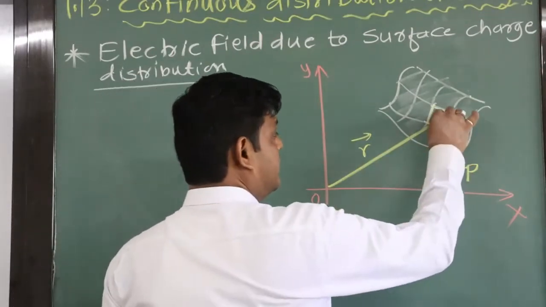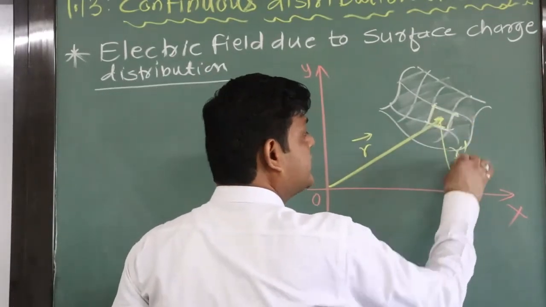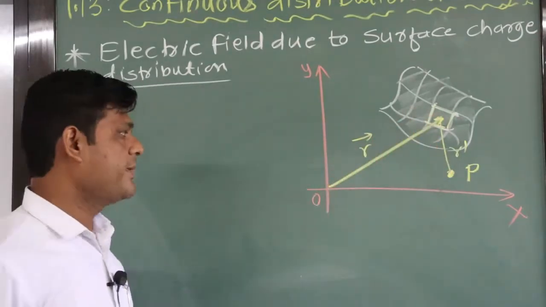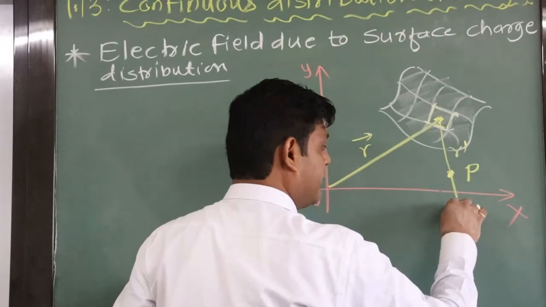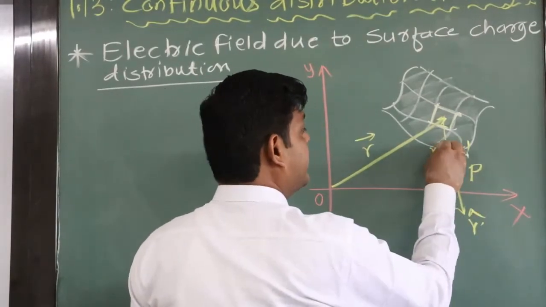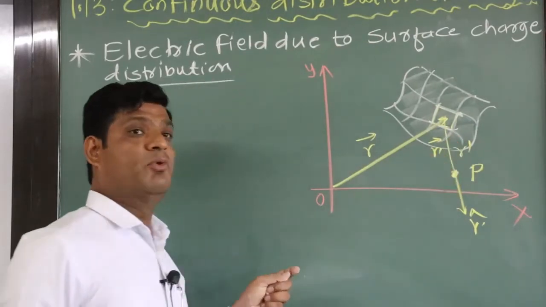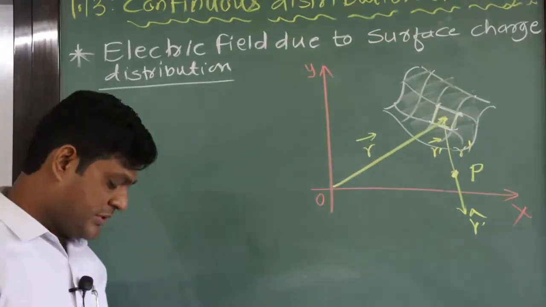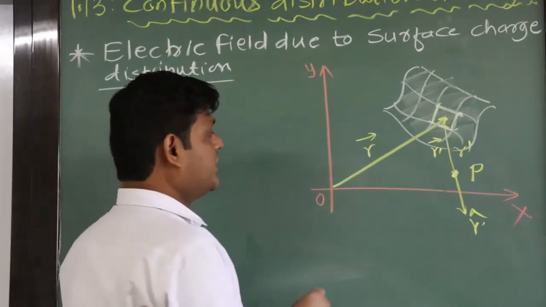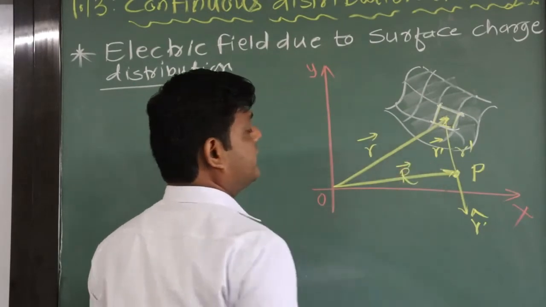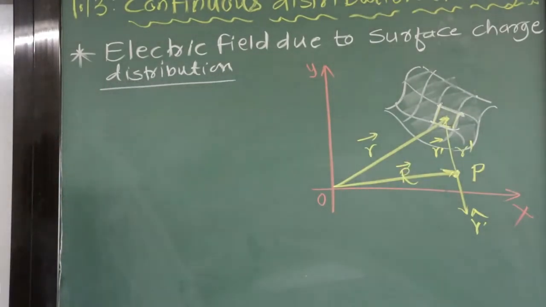The r dash is the distance of point P from the area. r dash cap is a unit vector, r dash vector is a vector from the area to point P, and capital R vector is the position vector of point P.